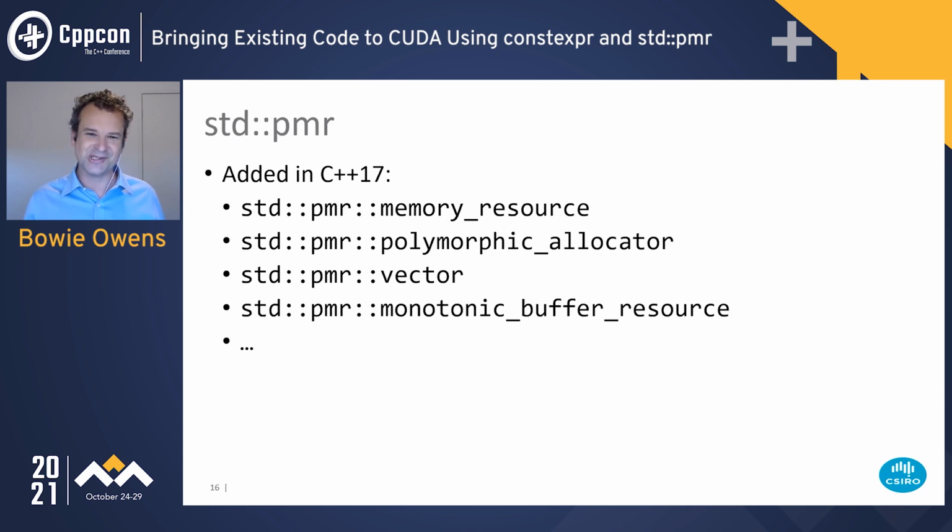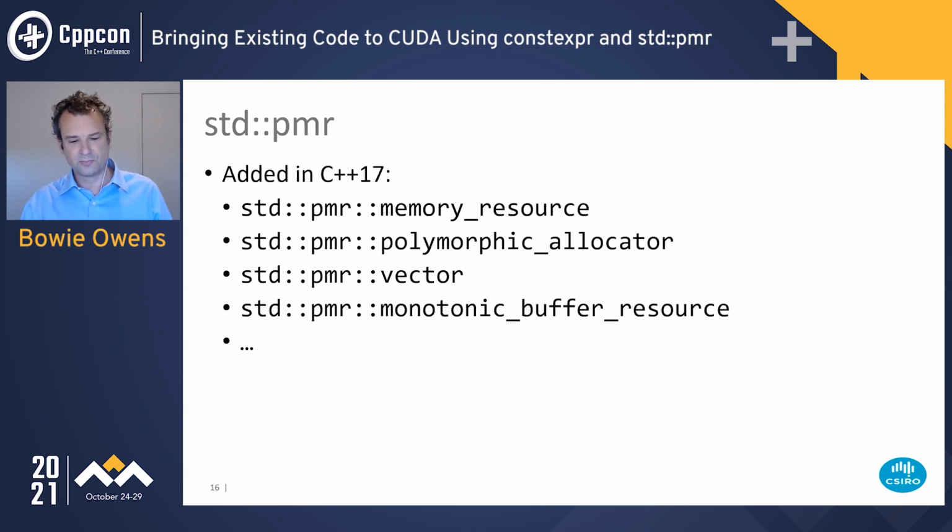We added to the standard a number of new types, including standard PMR memory resource, standard PMR polymorphic allocator, standard PMR vector, and standard PMR monotonic buffer resource. So we're going to look at how we can use these tools to control the memory allocation, essentially for standard vector.